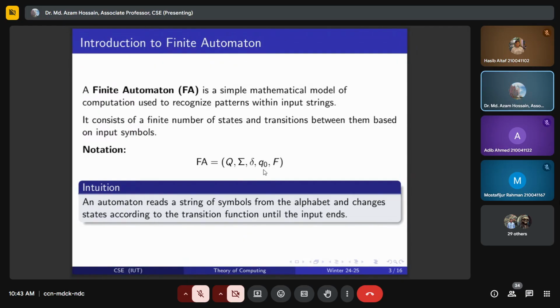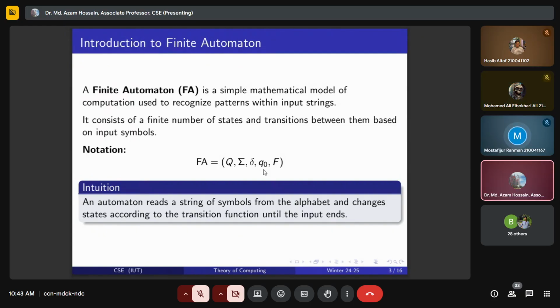Then we have the initial state. Every machine should start somewhere, so we designate some state as the initial state, where the machine actually starts working. And definitely at the end, once the computation is completed, we should end in some state, and that state is known as a final state. So the final state is the state where the computation ends or is completed.